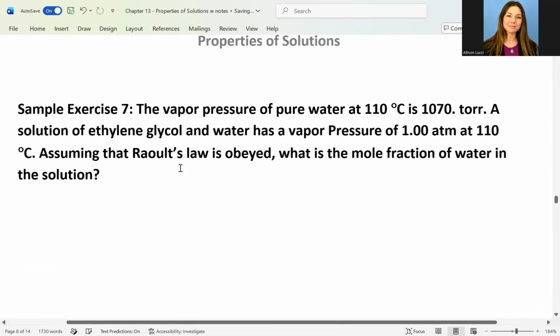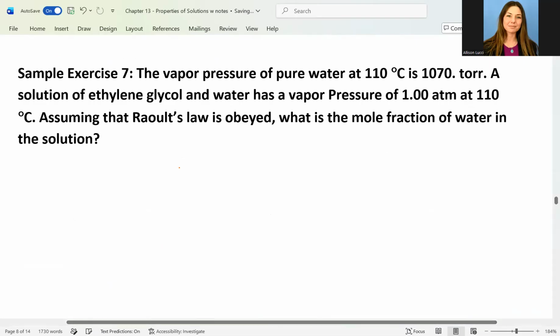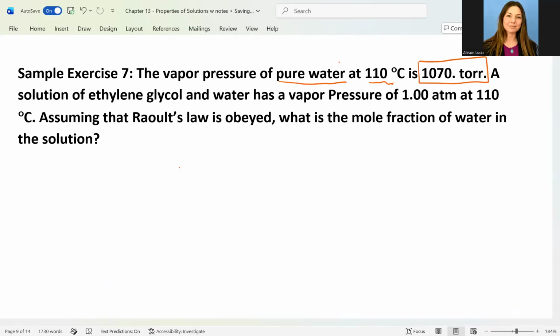So let's take a look at an example in sample exercise 7 here. And we're told that the vapor pressure of pure water, so this is our pure solvent, we're given a temperature, but we don't need that for our calculation. We just need our vapor pressure for our pure solvent, and that's 1070 torr.